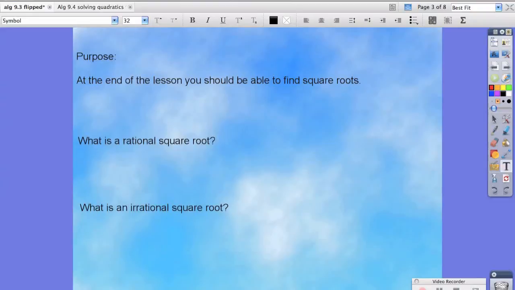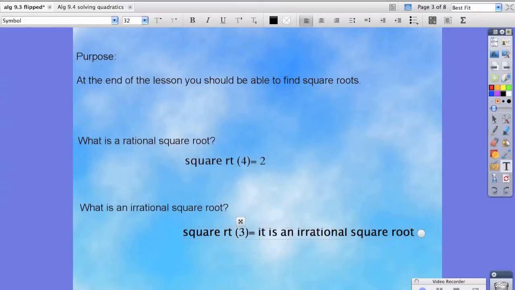For example, the square root of 4, when we simplify that, is 2. Therefore, this would count as a rational square root. Now, the square root of 3, for example, can't be simplified. Therefore, it is an irrational square root.